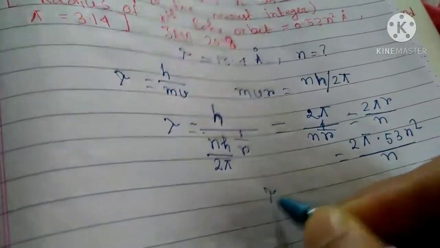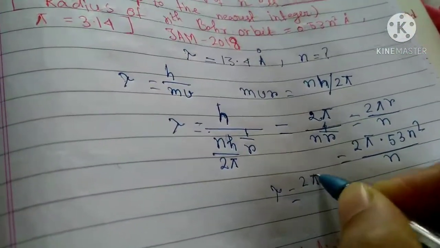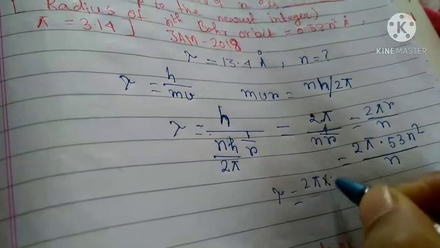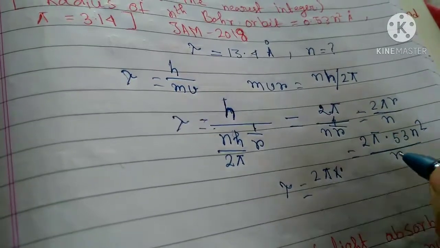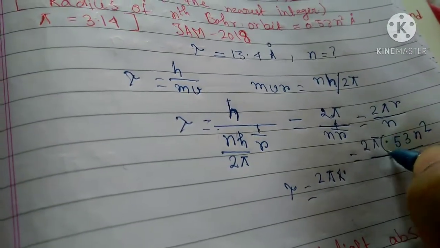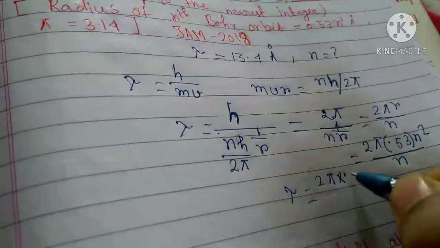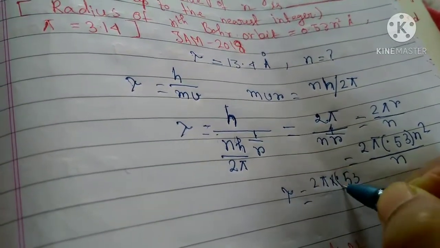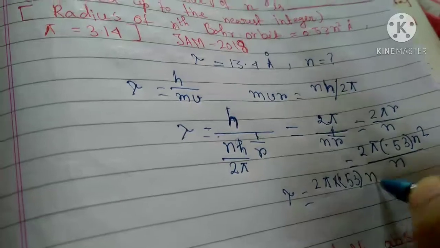So lambda is equal to 2 pi into 0.53 into n.